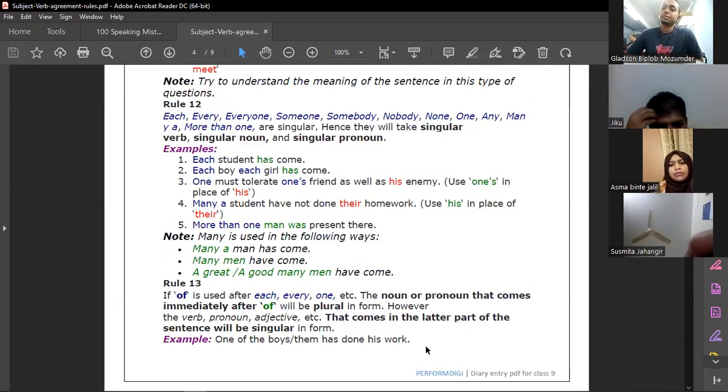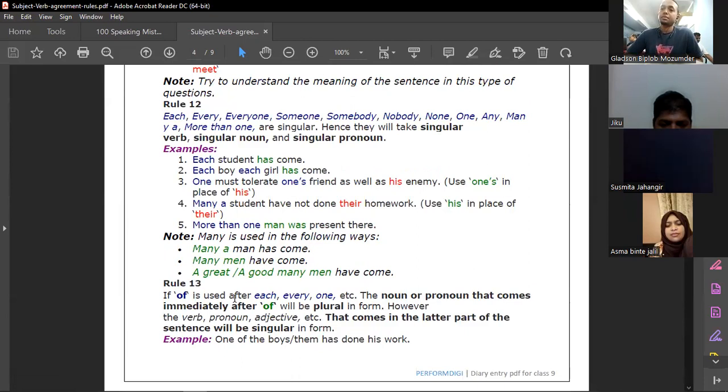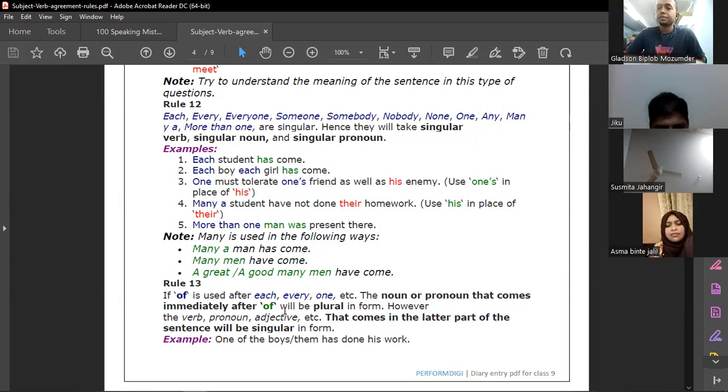Okay. So the last rule of today, ding dong. Your time, right? Subject verb agreement is finished. So if of is used after each, every, one, the noun or pronoun that comes immediately after of will be plural in form.